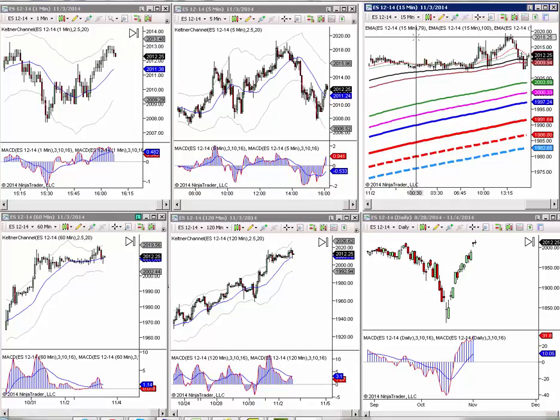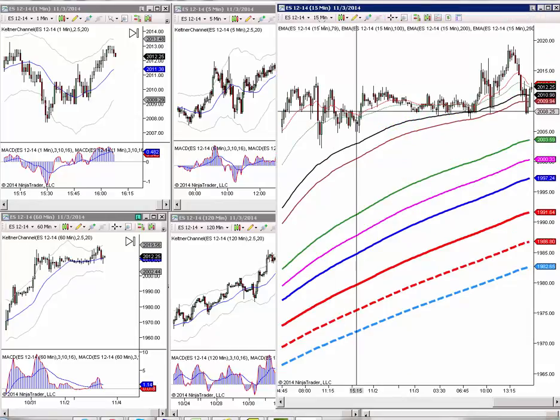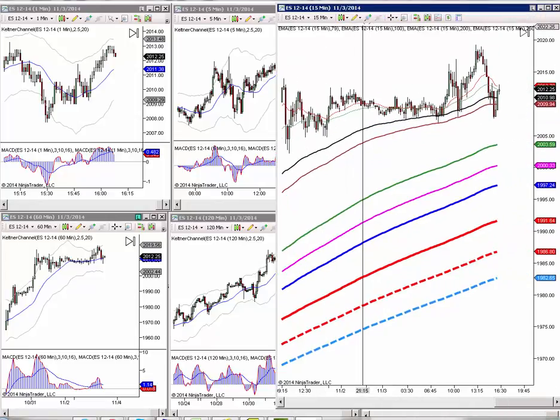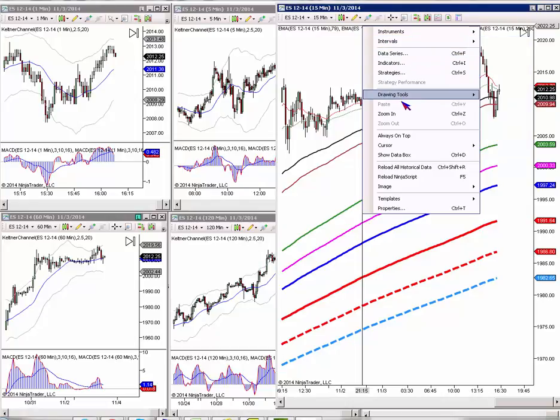So let's just take something simple as this 15-minute chart. All right, and let me just save this template.